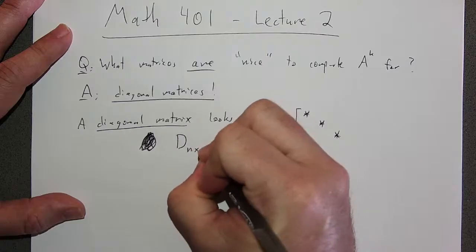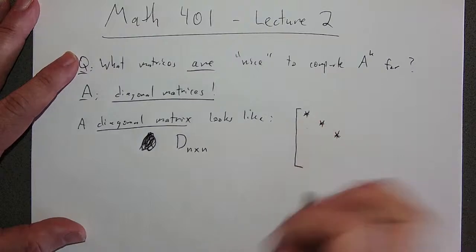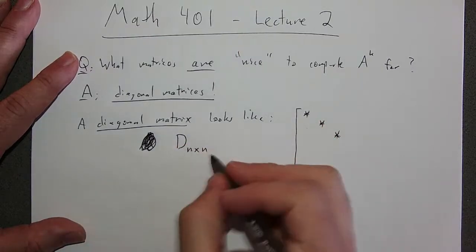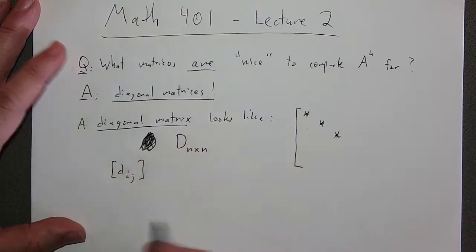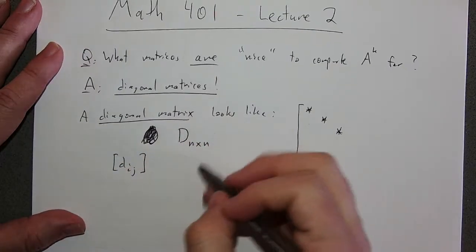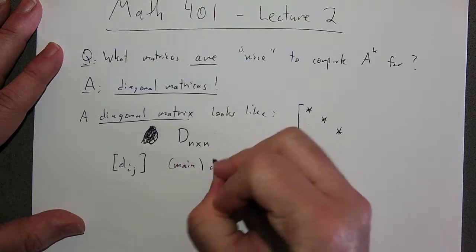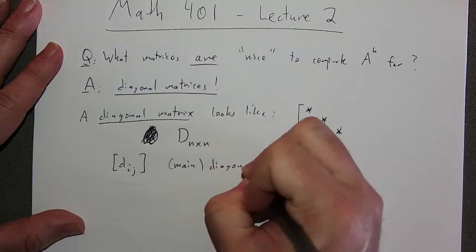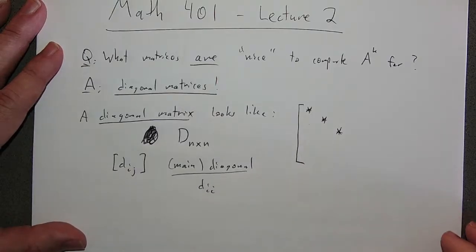A diagonal matrix has to be square, okay? The only matrices that have a diagonal are square matrices. Rectangular matrices do not have a diagonal. What is a diagonal? In the A_ij, or in this case D_ij, matrix notation, the diagonal, or the main diagonal, sometimes it's called, consists of the d sub ii terms, right?